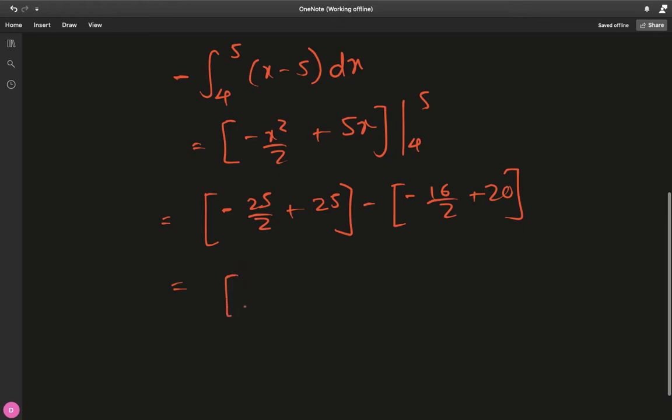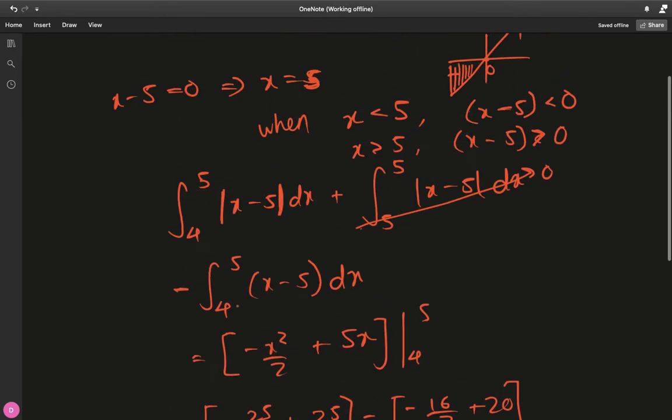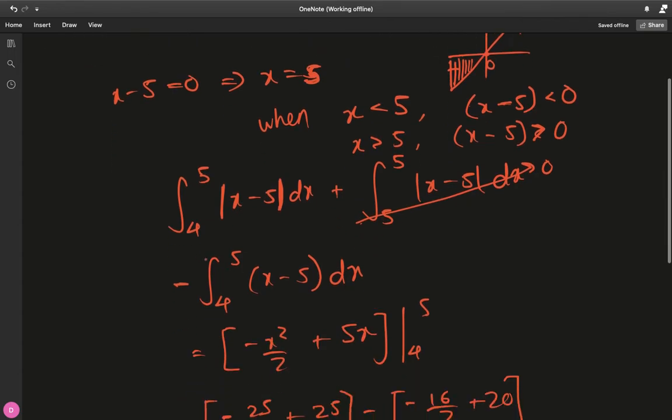This simplifies to 25 over 2 minus 12, which comes down to 0.5 or a half. So that's basically the value of the integral.